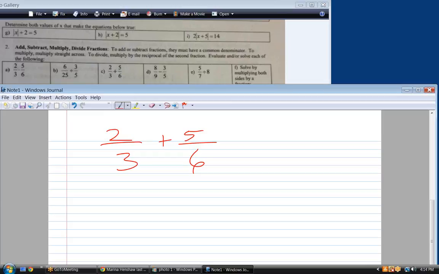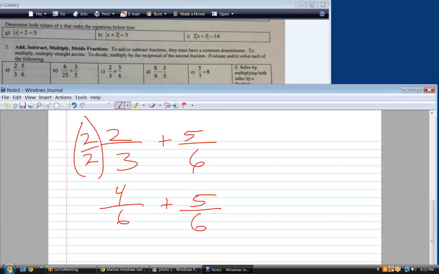So what's the least common denominator for this one? 6. Okay, so each one has to have a denominator of 6. Well, this one already has that. So what is this new numerator? 4. And we got that by multiplying this by 2 over 2.